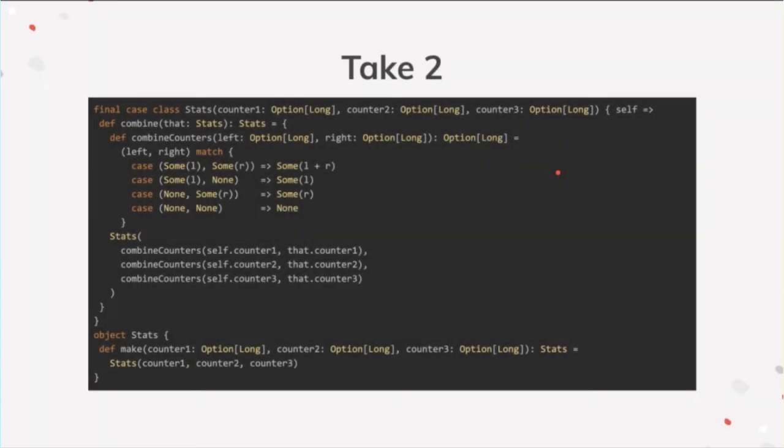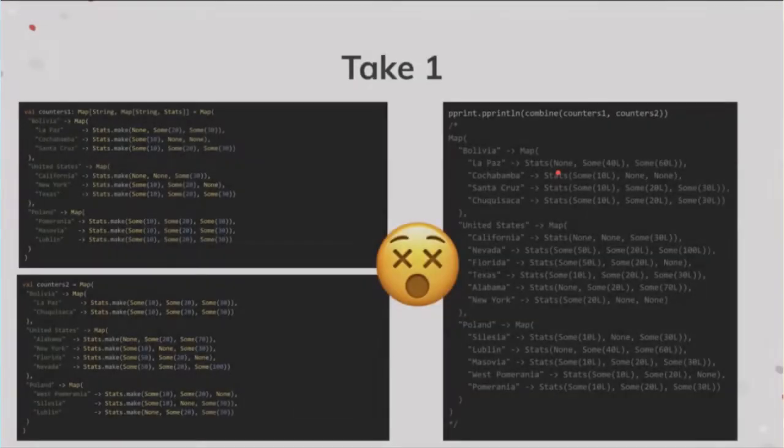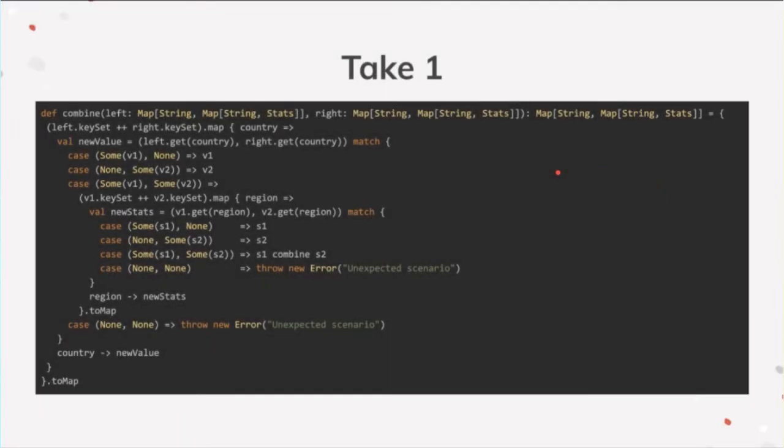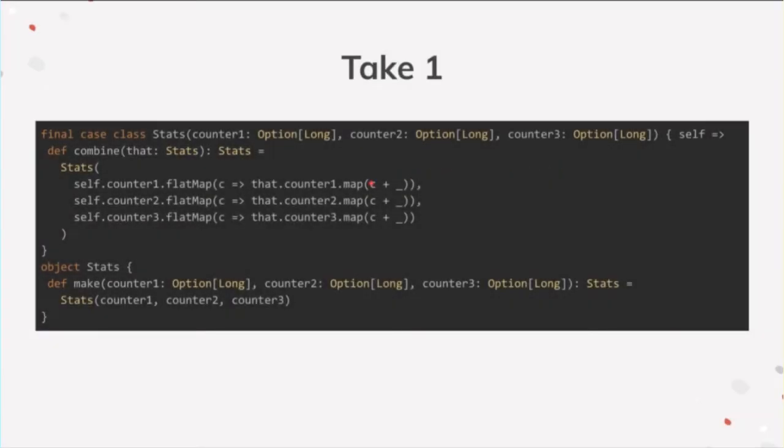If just one of them is present, I just return that value, and I return none if both of them are none. I needed to do this, and it wasn't something straightforward. This combine method is basically the same. I didn't need to change anything here.